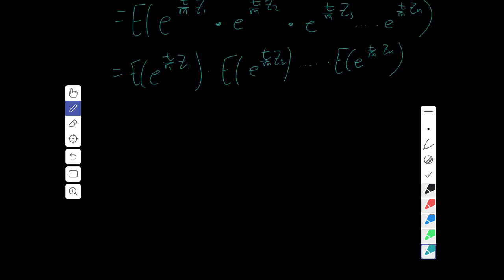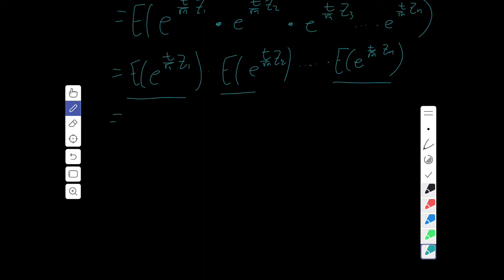Okay, now if we look at this, all of these by themselves look like the moment generating functions of Z1, Z2, Z3, Zn, right? And they're being evaluated at t over root n.